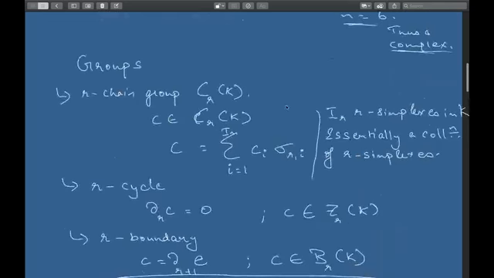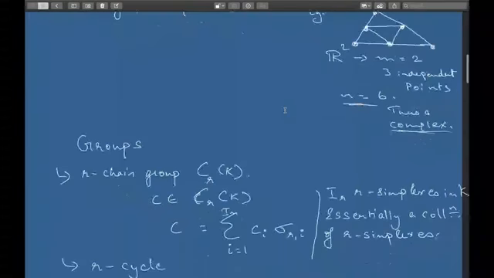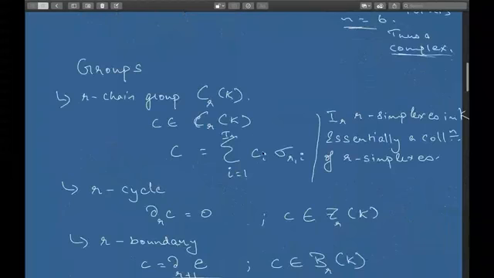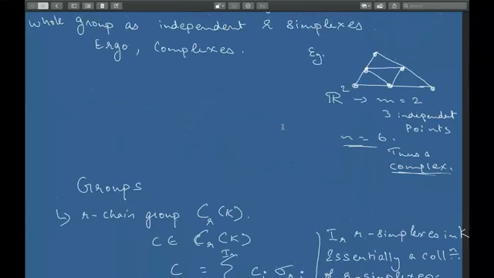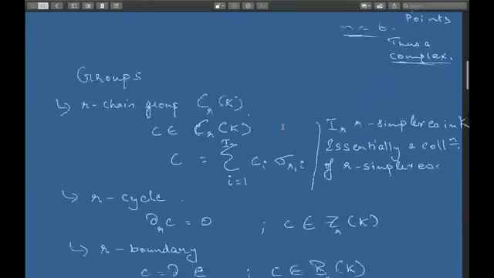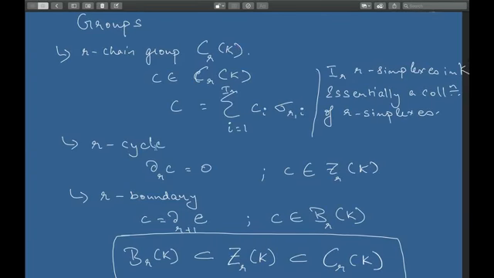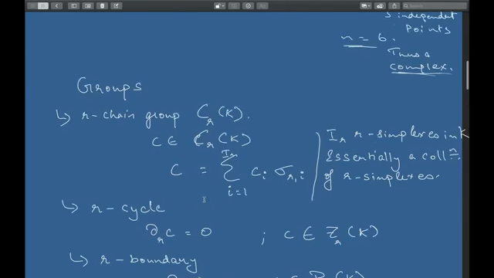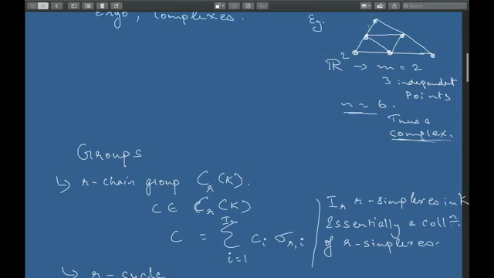So an r chain is a collection of r simplexes, and each simplex is given a certain coefficient to differentiate them from one another. Then you have r cycles, which is when the boundary of an element or a simplex is 0. So if you have this line segment here, the boundary of this line segment is 0.